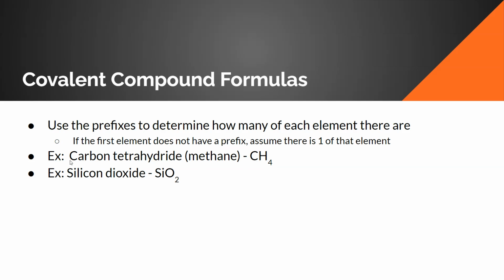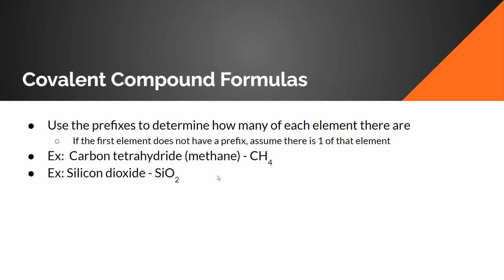There's no prefix for carbon, so we assume there's only one carbon. Tetra means four, and hydride is hydrogen when it's the second element in the formula. Silicon dioxide would be Si for silicon, and there's no prefix, so we assume there's only one silicon. Di is two for oxygen. Oxide is oxygen.